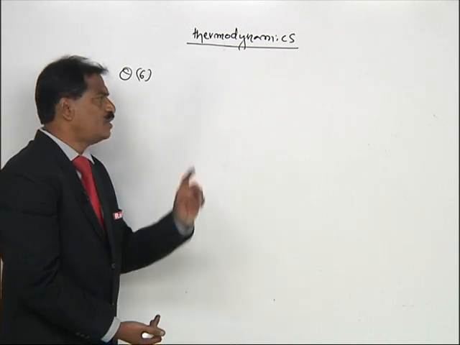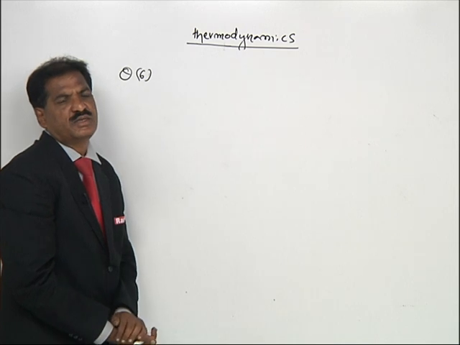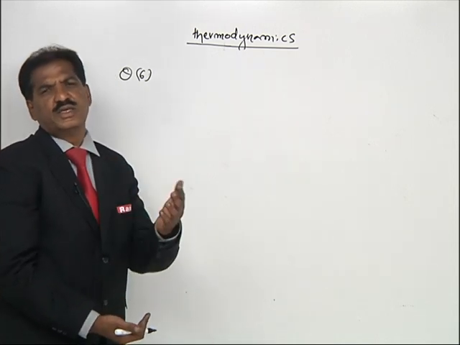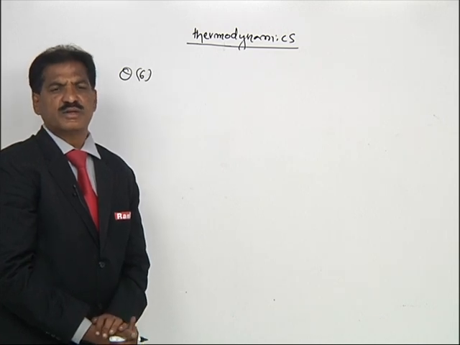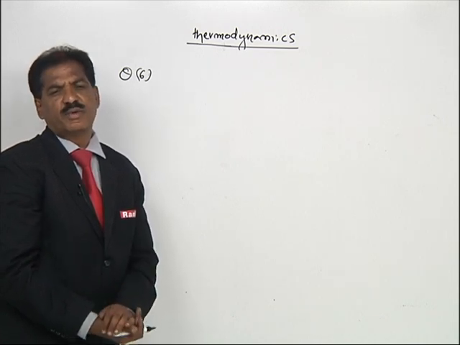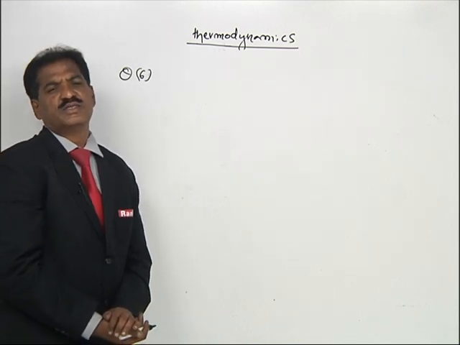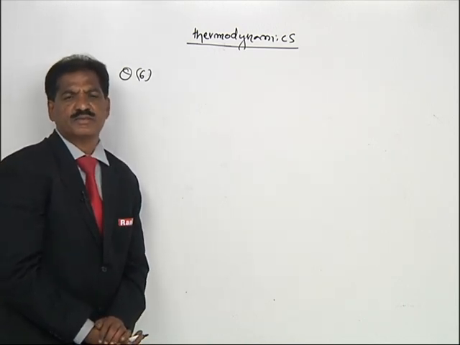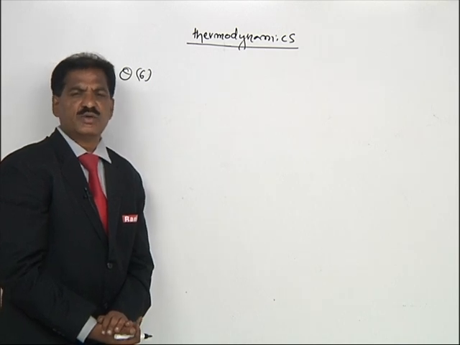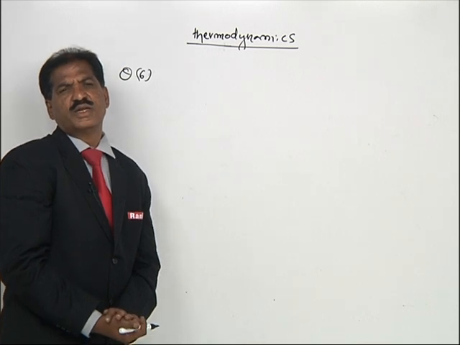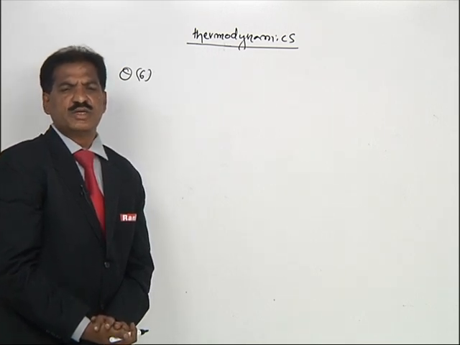Whenever a weak acid or weak base participates, the amount of heat liberated will usually be less compared to when a strong acid or strong base participates. Therefore, here the heat of neutralization of HCl with NaOH is given as 13.7 kilocalories. In the same reaction, if ammonium hydroxide participates, the heat liberated is 12.27 kilocalories.